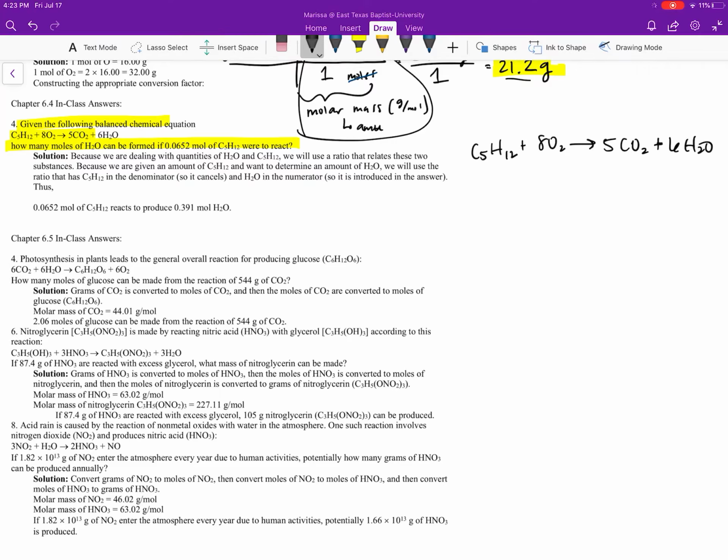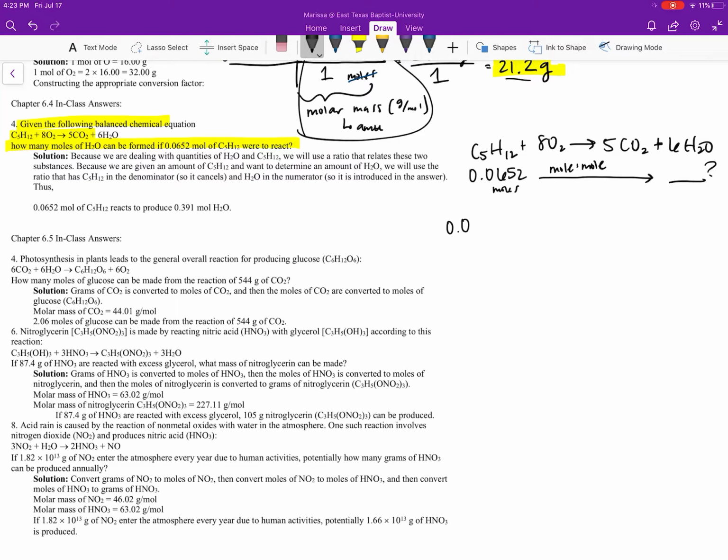So in this case, I'm starting off with this many moles of pentane, and what I want to know is how many moles of water can be formed. And I need to be able to convert between them. So in this case, the only way to determine how many moles can be formed from how many moles I have is the mole-to-mole ratio that I get from a balanced chemical equation, which I have here.